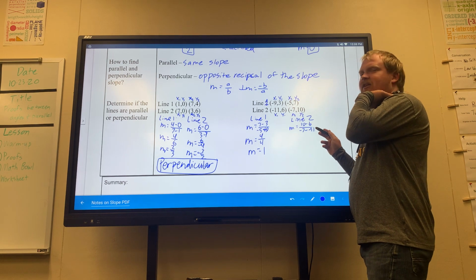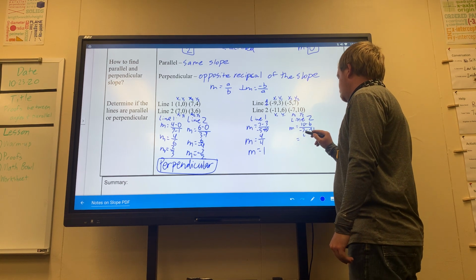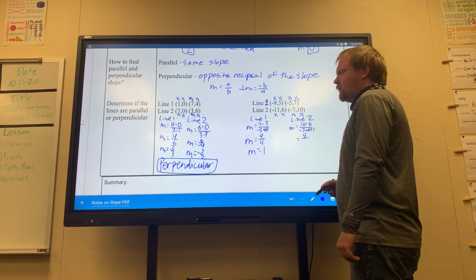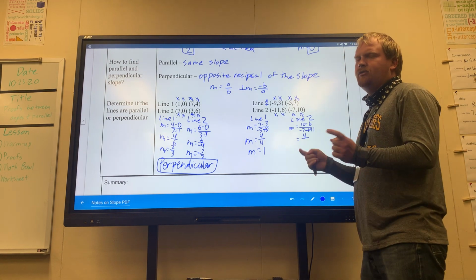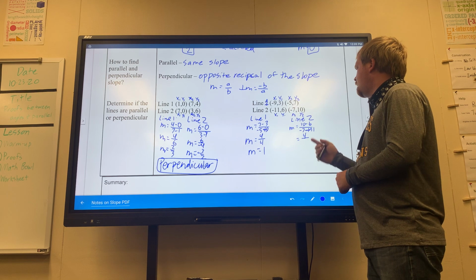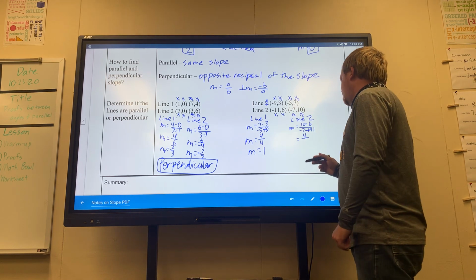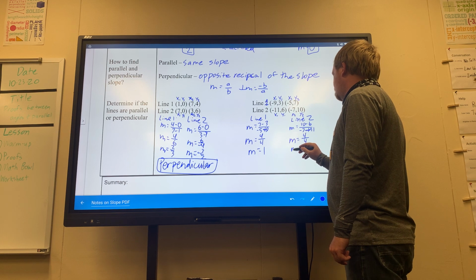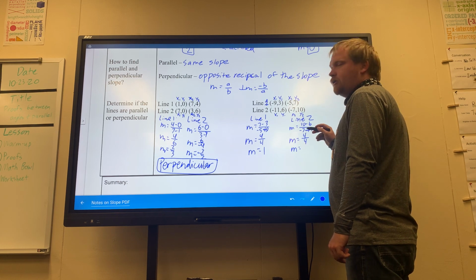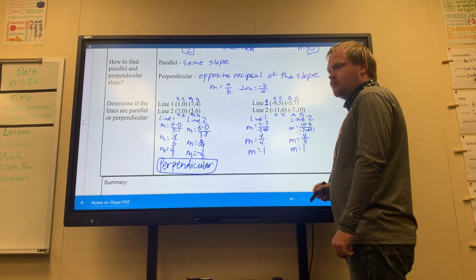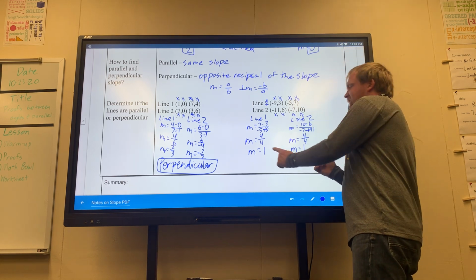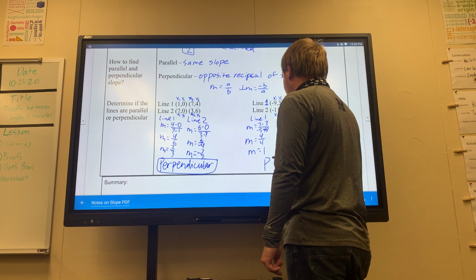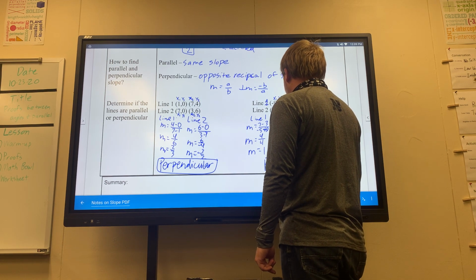Well, I know 10 minus 6 is 4. Negative 7 minus negative 11, well, that becomes a positive because of the two negatives back to back. And I'm going to get negative 7 plus 11 gives me a positive 4. 4 divided by 4 is 1. So since I have the same slope and they're the same number, those two lines are parallel.